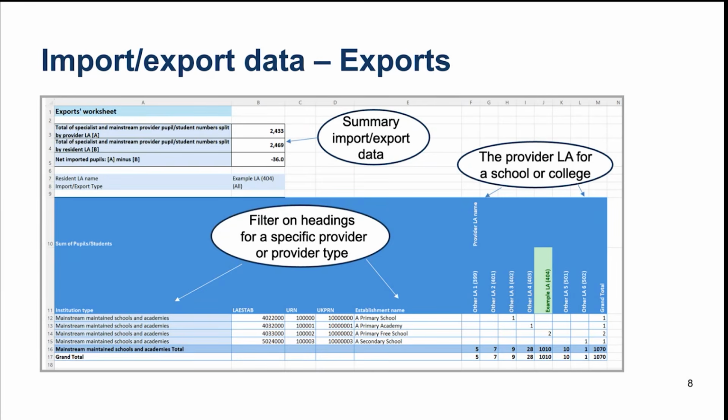For example, on the first row here, you can see there's a pupil living in this local authority attending a primary school in other LA3. It may be that the local authority looking at this data doesn't recall providing top-up funding to that school. However, it's important to remember that this data does relate to pupils living in the local authority at the time of the census.